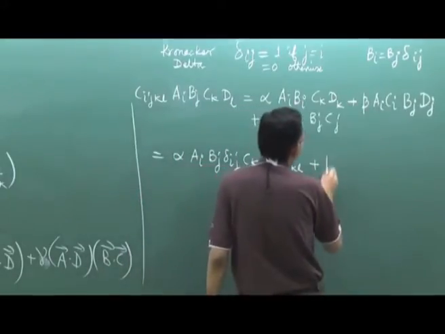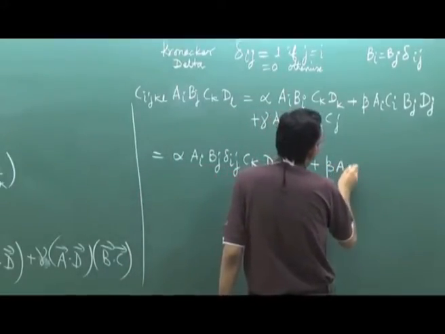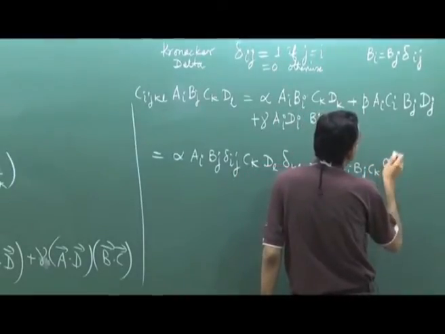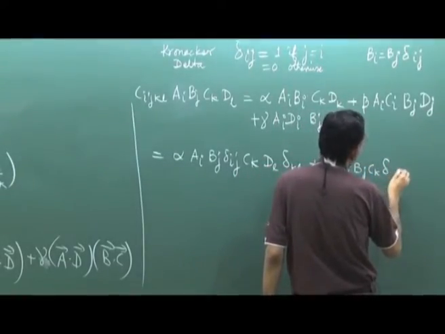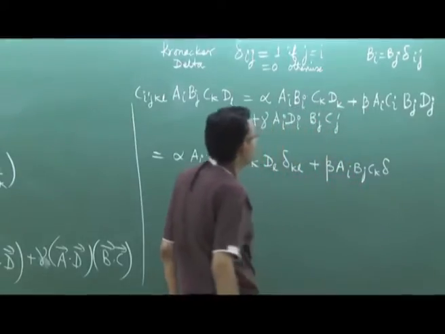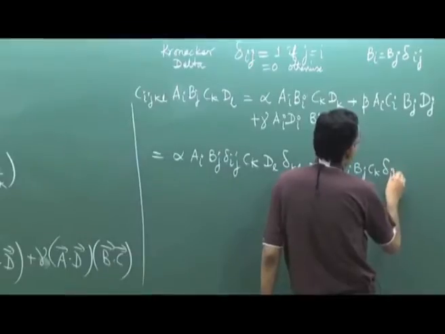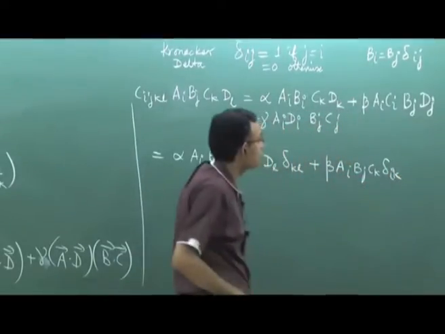Then plus beta A_i B_j C_k delta, what will be this? ik.